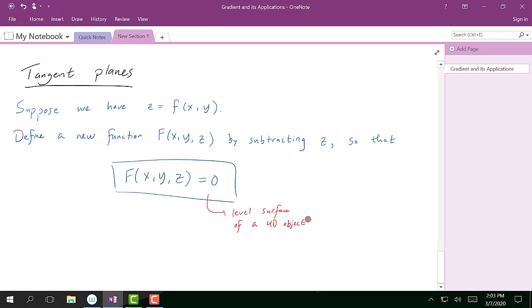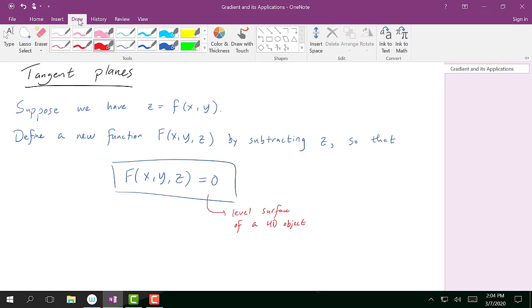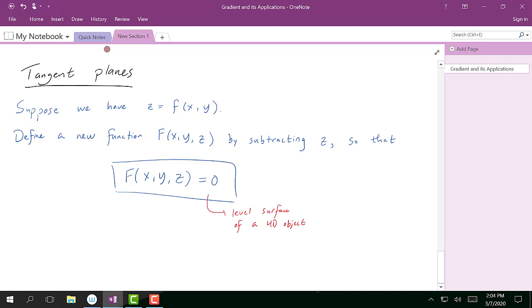Okay, so let's look at an example of what I mean by this whole process I just drew up. I'll keep the red one. So for an example, we could have the function z equals f of x, y equals something simple, 2x plus y.